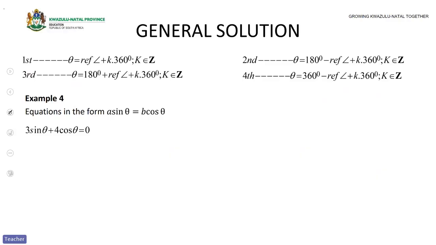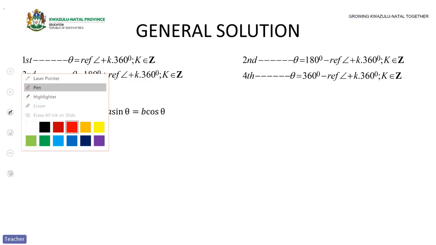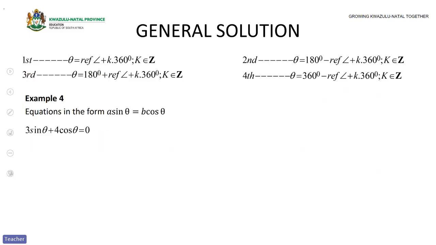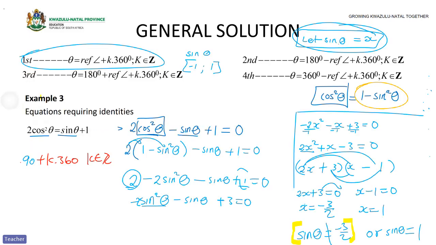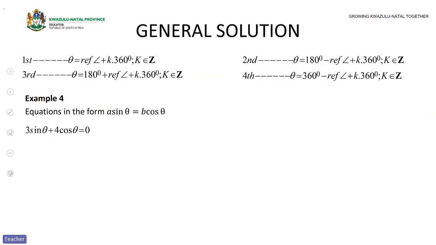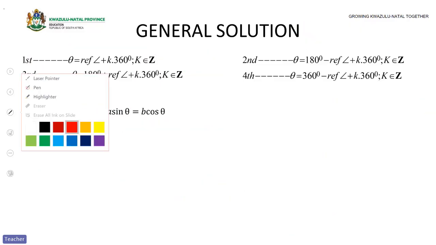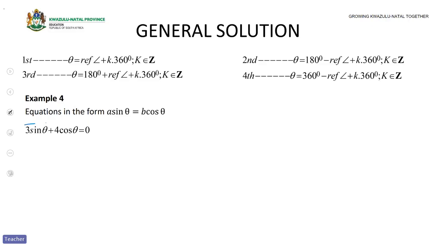As you can see now, we have the equation, which is 3 sine theta plus 4 cos theta equals 0. Now you can see that this equation is in a different form. It's no longer the same as the previous one. With this one, what you need to take note of is that you have two different trig ratios, and it is not possible here to use the trig identities.